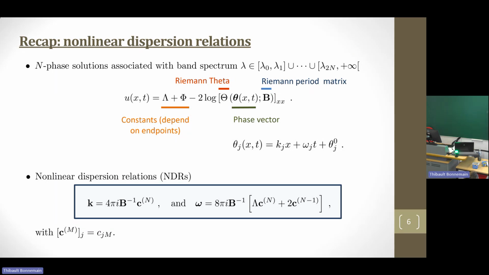These are the main objects at the basis of the construction of soliton gas using this kind of formalism. That's what I will use to define the density of states and the spectral flux density. I'm going a bit fast because I went over that last time.